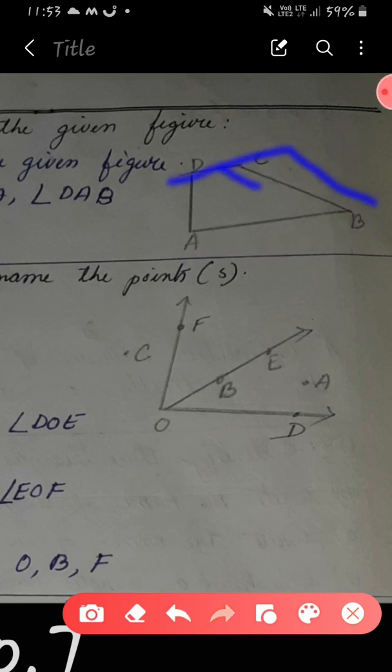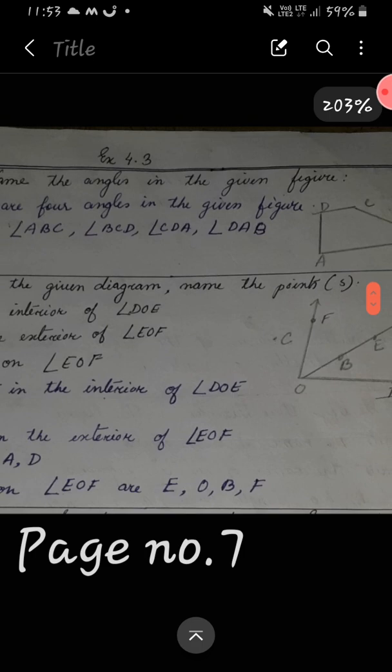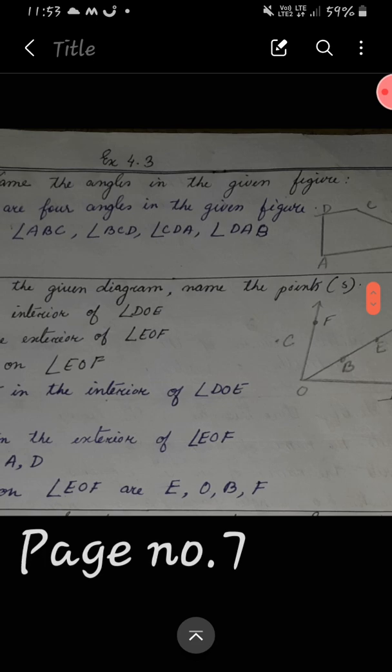B, C, D form an angle. C, D, A form an angle. D, A, B form an angle. So the names of the different angles are ABC, BCD, CDA and DAB.